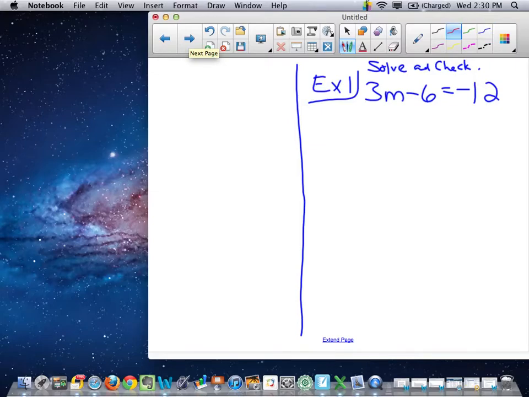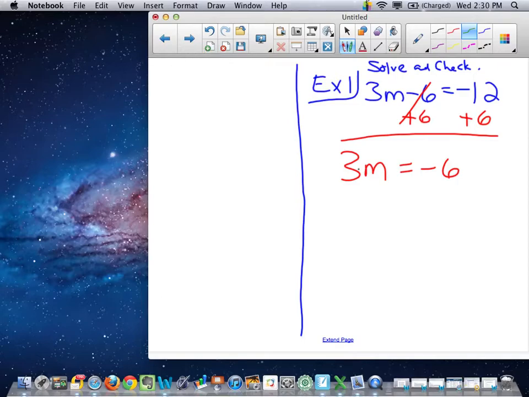So I'm going to add 6 to both sides, cross out. Now we have 3 times m equals, what's negative 12 plus 6? Negative 6. Then I have to undo multiplication by 3 by dividing by 3. Divide by 3, and you get m equals, what's negative 6 divided by positive 3? Negative 2.